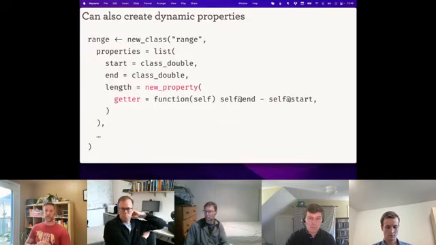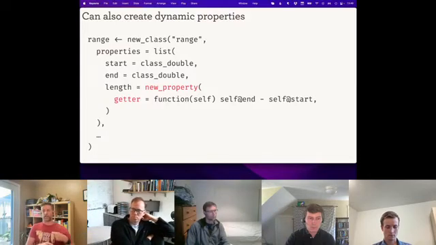The other cool thing that you can do with R7 is you can create dynamic properties. These are properties that are calculated on demand. We have to have a little bit more syntax here. I'm going to generate a length property, which is just the difference between the end and the start. So I create a new property, and this is going to be a read-only property that's computed on demand.